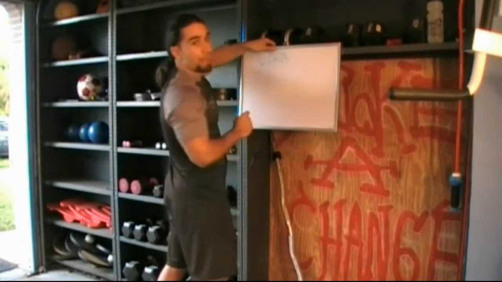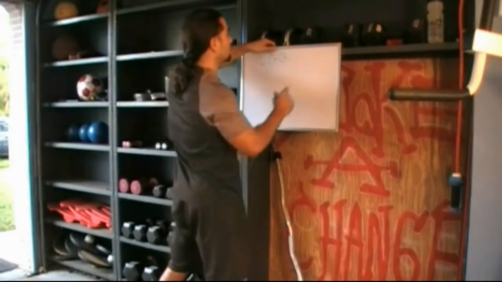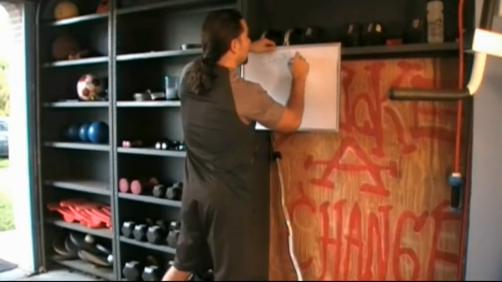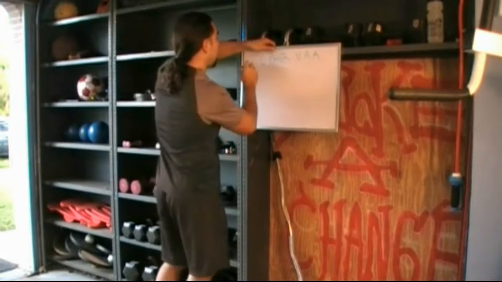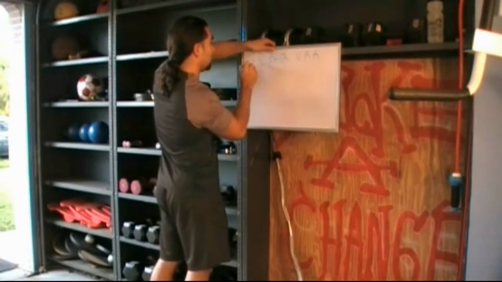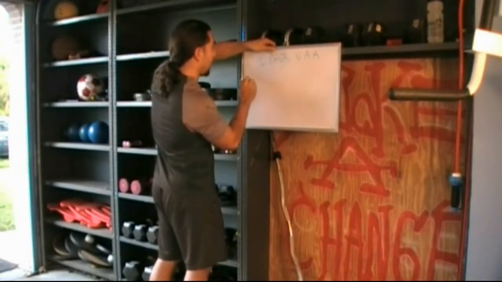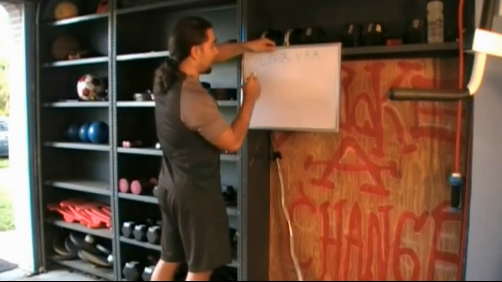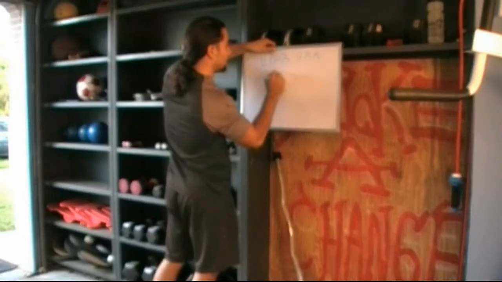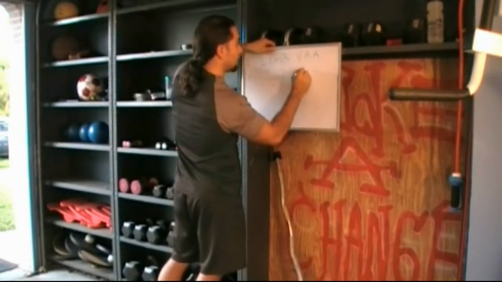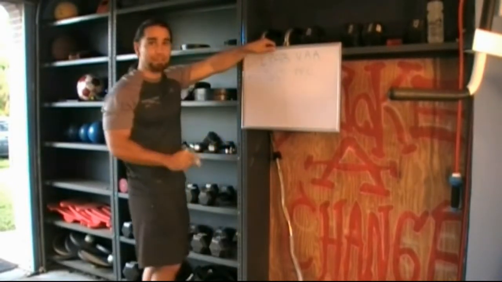And then we go to VAA, like the VA. That is for the left side of the heart. For the right side, we have SAT, V, P, P, L.